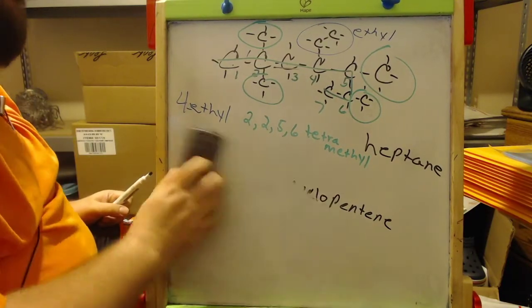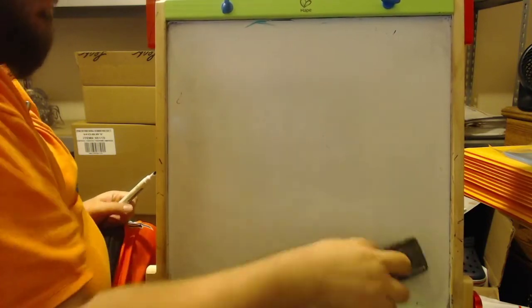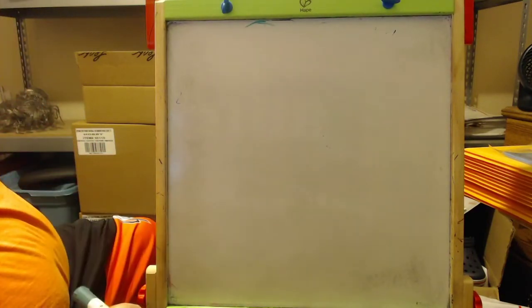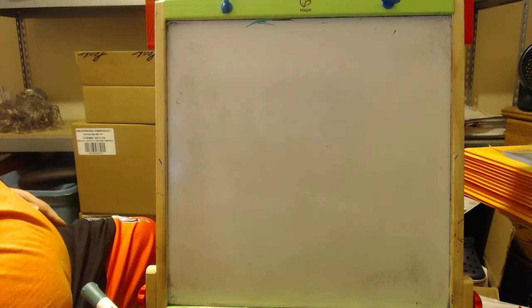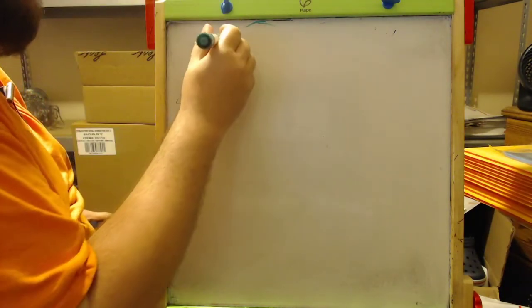Let me do a couple more here. Let's do a couple more of the words. Let's do this. I'm just going to make something up off the top of my head.